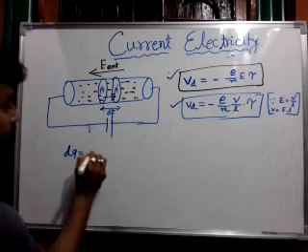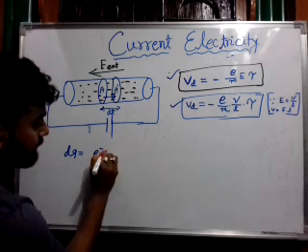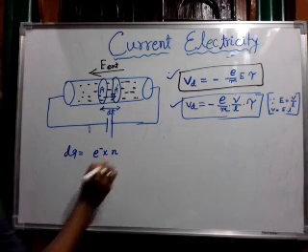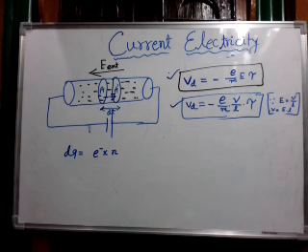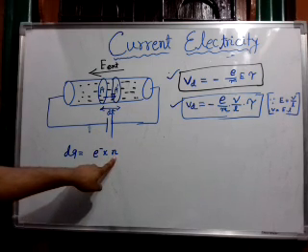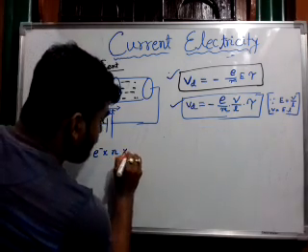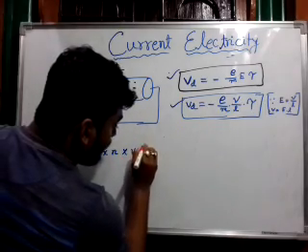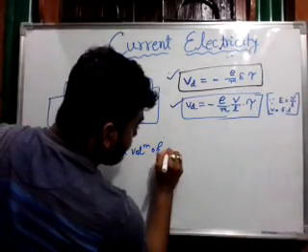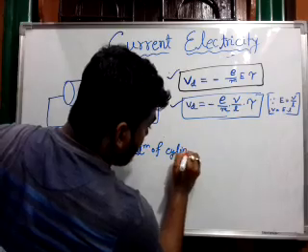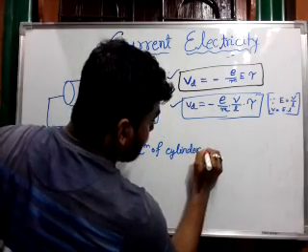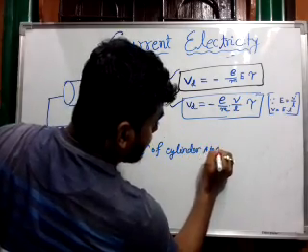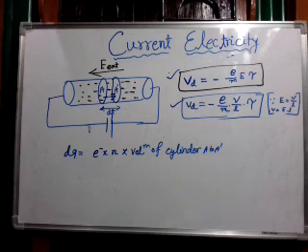What is the value? Charge into number of electrons. That is n, number of electrons per unit volume, into the volume of the cylinder A to A dash.